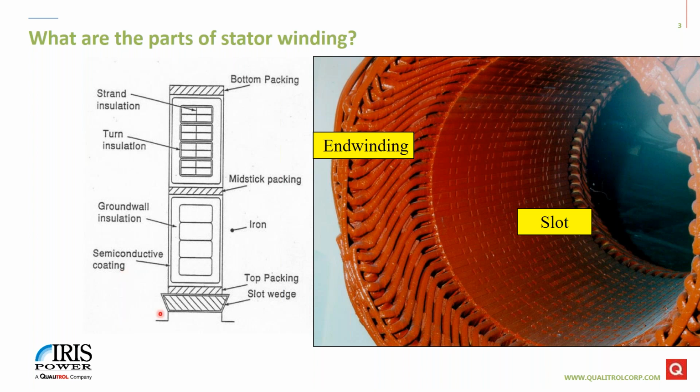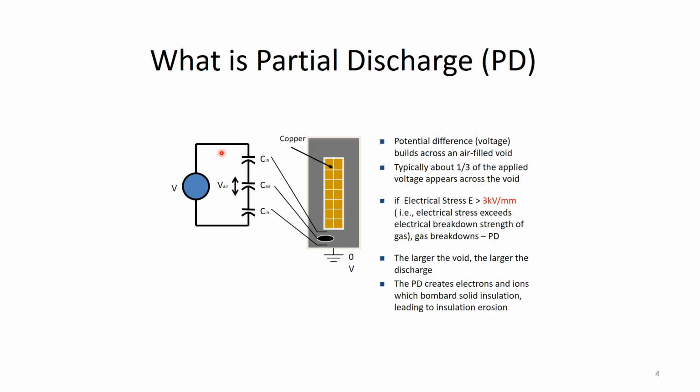And of course, there's wedging and side packing and things to keep the coils tight in the slot in a non-global VPI machine. Okay, so with that brief introduction to the stator winding insulation system, I want to now give a tiny introduction to what is partial discharge.